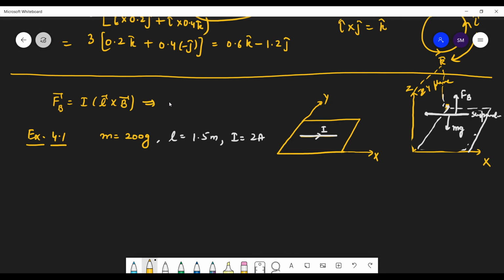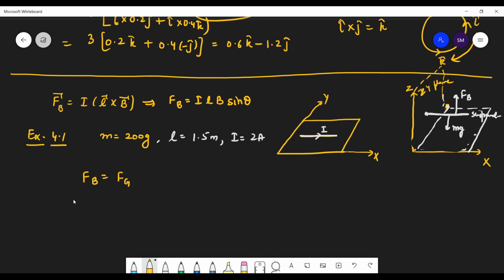So डायरेक्शन का कोई जिक्र ही नहीं, सिर्फ मैग्नीट्यूड की बात करेंगे तो FB is equals to I L B sin theta, right? And now FB magnitude की बात करेंगे, directions तो of course इनकी opposite है, तो magnitude तो same है. तो FB is equals to gravitational force. So magnetic force is equal to gravitational force, or you can write gravitational force, that's the same thing.